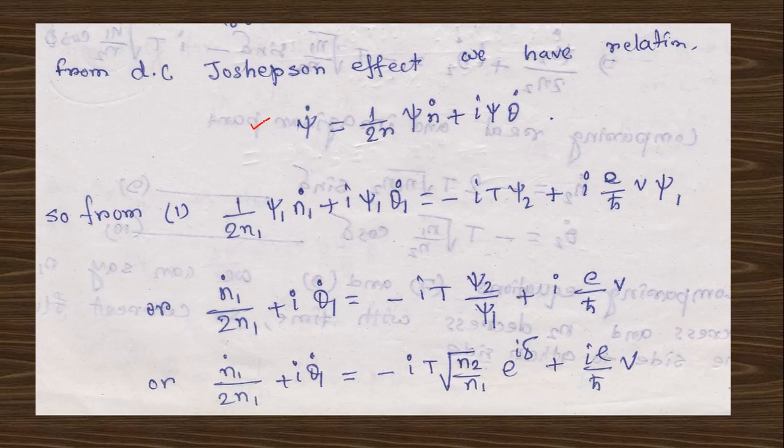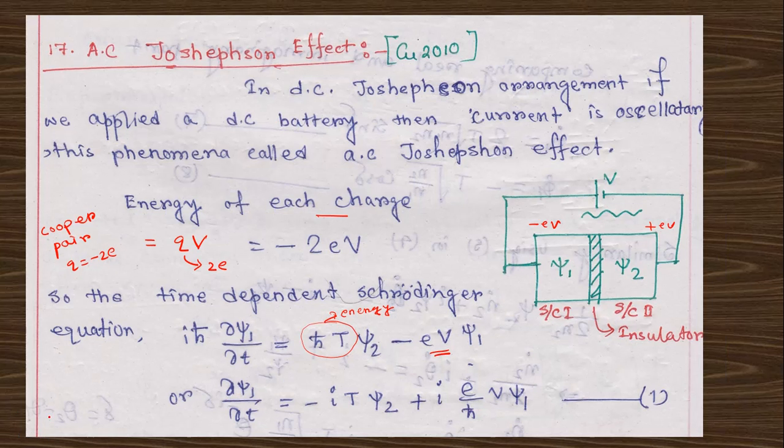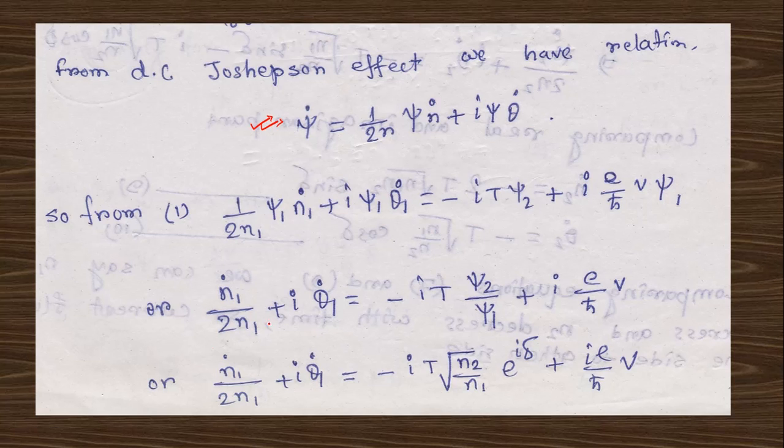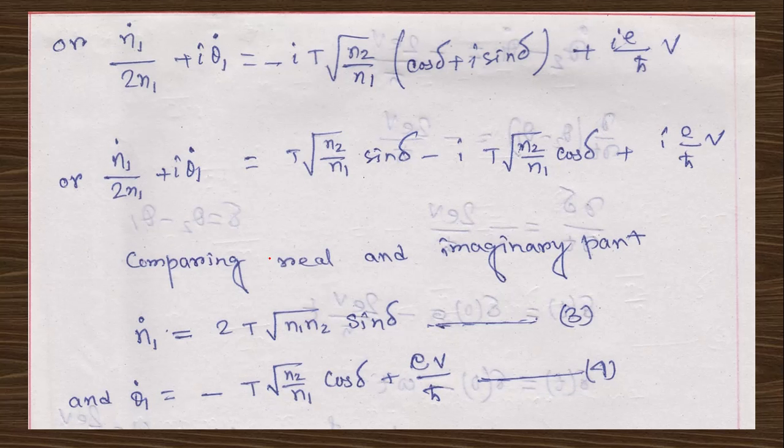This derivation is taken from the DC Josephson effect, and putting this value in equation 1, you get this relation. You can see this relation is identical to the DC Josephson effect, with an additional term added compared to the DC Josephson effect.